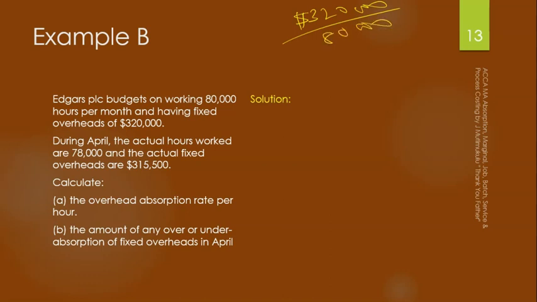From this information, we can determine the fixed overhead absorption rate. Just as we did in the previous example, that's 320,000 divided by 80,000, and we get $4 per hour as the fixed overhead absorption rate.